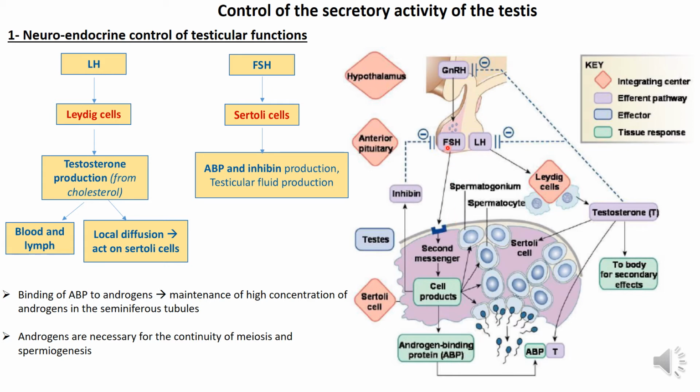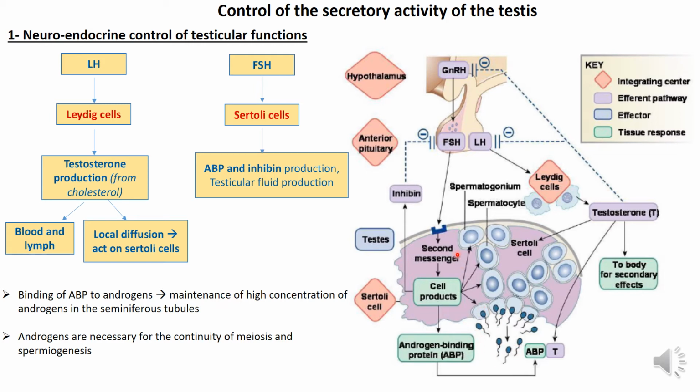So under the action of FSH, those Sertoli cells will also produce the ABP, the androgen binding proteins, which will bind to the androgens like the testosterone and the DHT, and by this they will allow the maintenance of a high concentration of androgens in the seminiferous tubules.